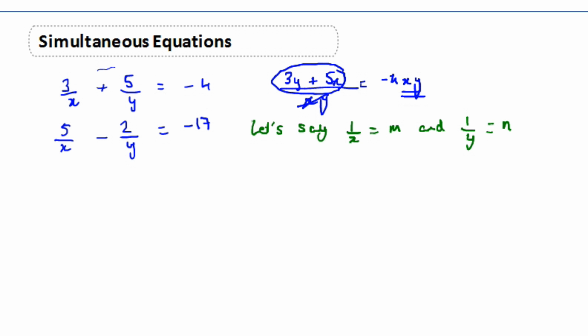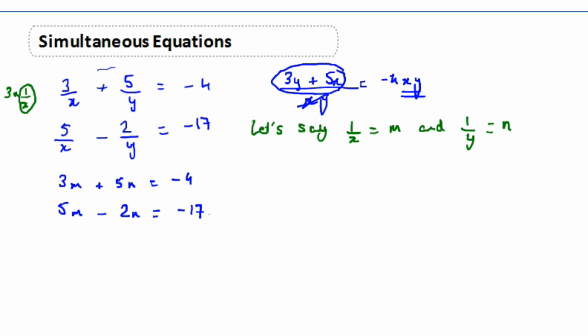So now we'll rewrite the equation. 3 upon x is something like 3 into 1 upon x, right? 3 times 1 upon x. Since 1 upon x is equal to m, we have assumed it to be m. The first equation becomes 3m plus 5n is equal to negative 4, and the second equation becomes 5m minus 2n is equal to negative 17.